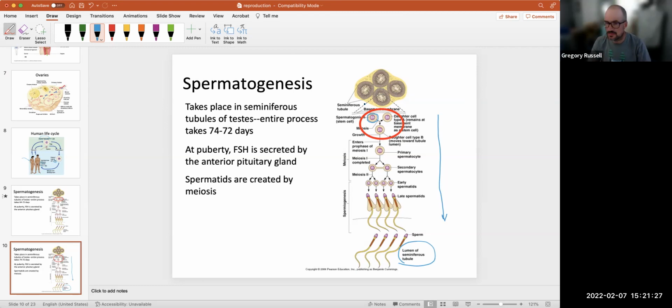The process of spermatogenesis begins when that spermatogonium undergoes mitosis, so you produce two identical daughter cells. One of those daughter cells is going to stay at the basement membrane and continue to undergo mitosis. The other one is going to enter meiosis.